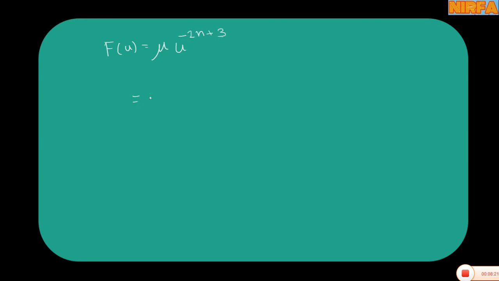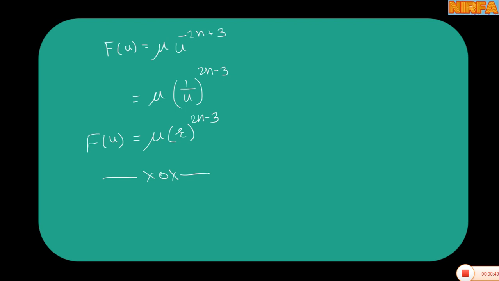This can be written as mu into 1 upon u raised to 2n minus 3, and we know that 1 upon u is equal to r, therefore it can be written as mu r raised to 2n minus 3. And this is the required force that is directly proportional to r raised to 2n minus 3. So we finish this example by getting this.